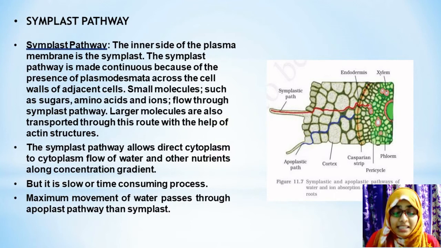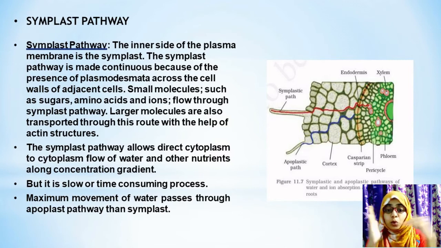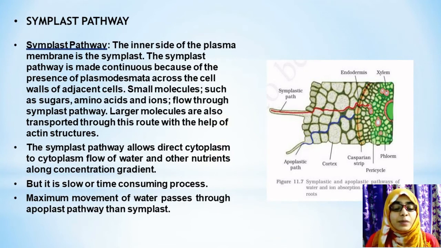Whereas in the symplast pathway, it is going in between the cells, from one cytoplasm to another cytoplasm. The movement of water molecules, substances or ions from one cell to the other, from one cytoplasm to another, is called the symplast pathway. This is a very time consuming process, because in one cell you have many substances like cell organelles, nucleus and vacuole.